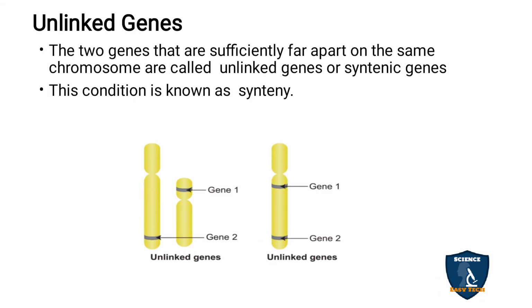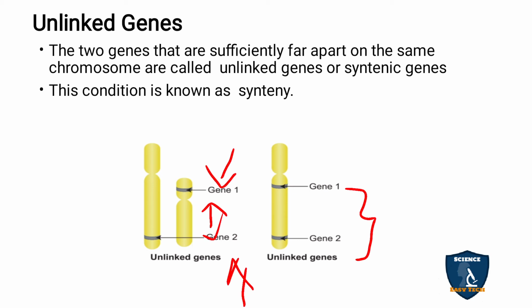Next, unlinked genes. You can see gene 1 here and gene 2 here, and you can see the gap between gene 1 and gene 2. Because they are apart, you can see the gap.